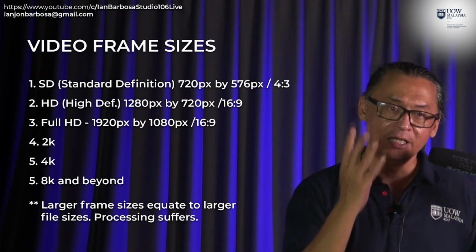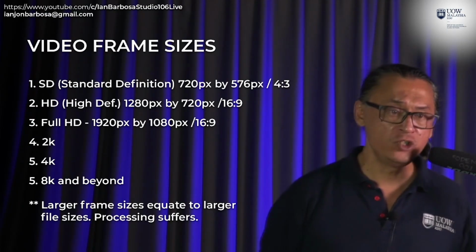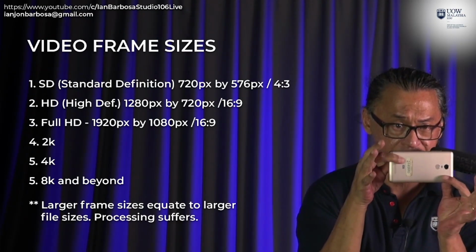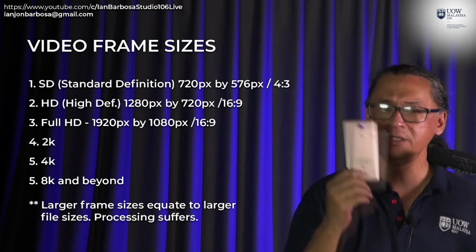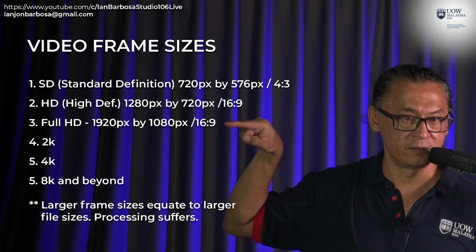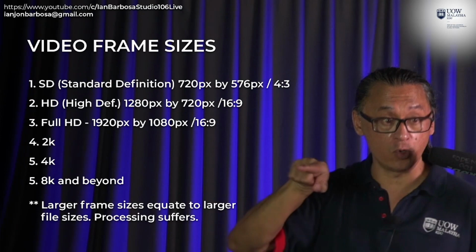It does not matter because your audience is going to be watching your footage on this. And this device can only display up to this level. Now, some of you may have bought some funky new handphones that can go up to that level.